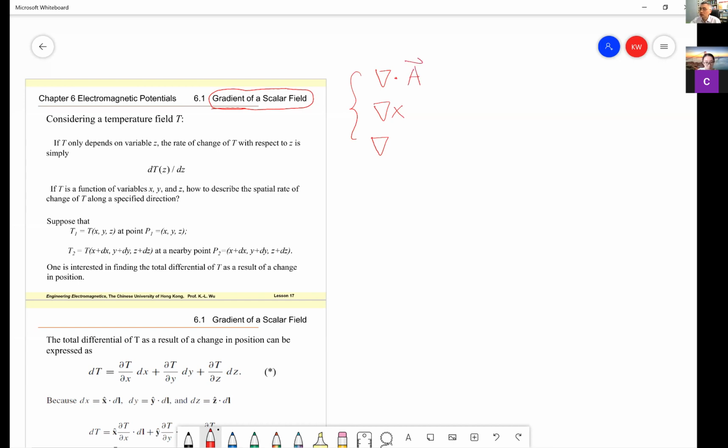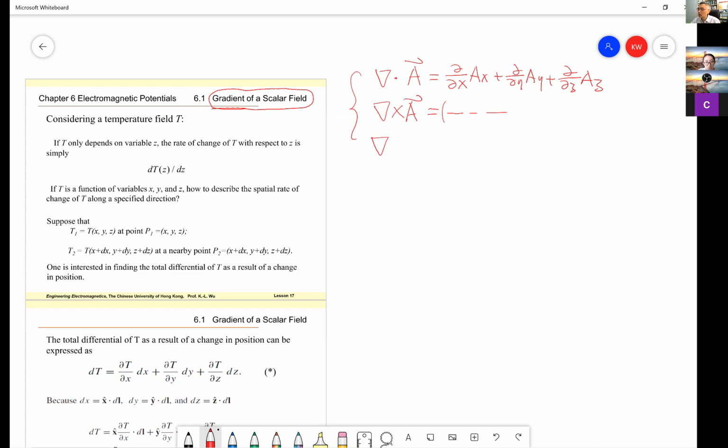The first three all act on vectors. Let's say divergence acts on vectors, but the result is a scalar. Then the curl also acts on a vector.